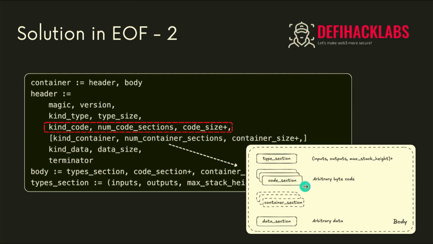And in the type section, each 4 bytes represents the input argument numbers, output argument numbers, and max stack increase for the corresponding code section. So when you're doing the program analysis, you can directly read the information in the type section and label this information in each code section. It would be easier for tooling developers.